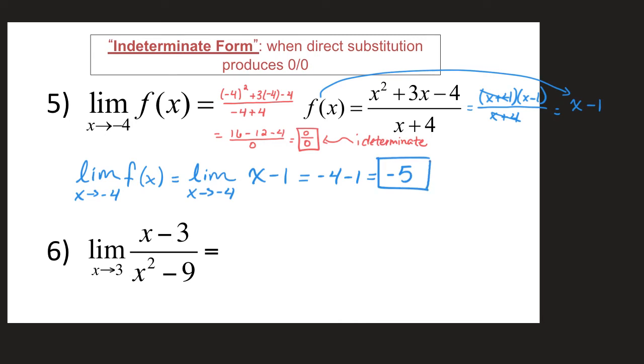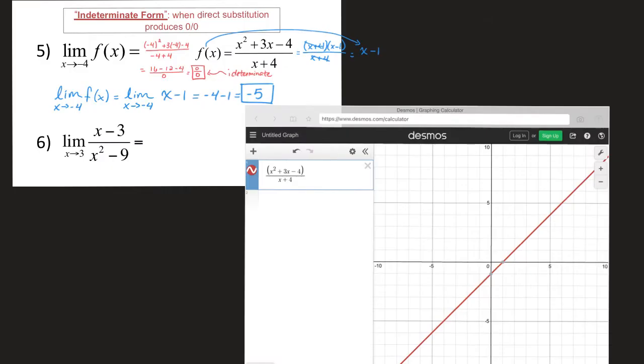Really quickly, worth showing you the graph of this function. Okay, so here's the graph of the original function, x squared plus 3x minus 4 all over x plus 4. If I try to find the function's value, the output value at -4, you'll see that that value is actually undefined, which is why when I plugged in, I got 0 over 0.